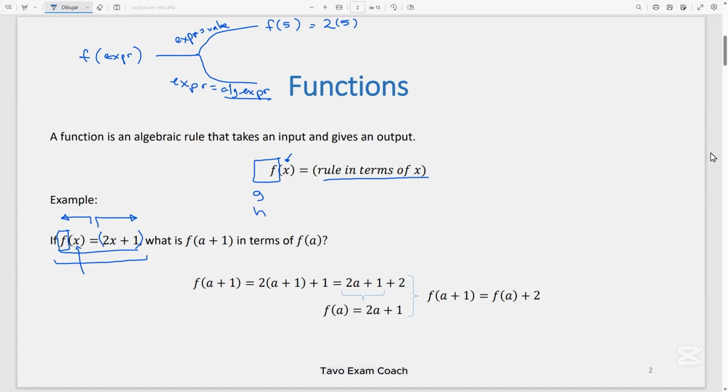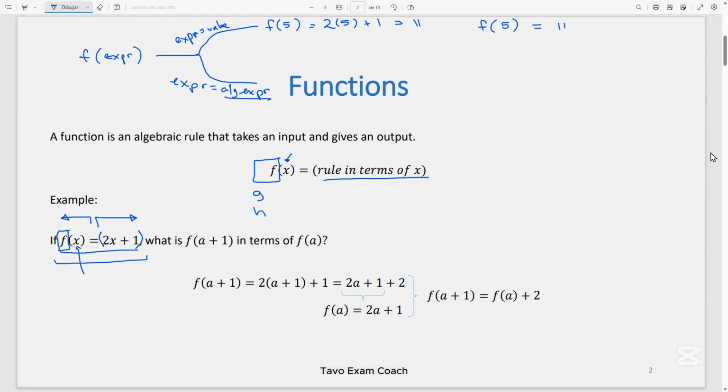We would do 2 times 5 plus 1, and that would be 11. So to see this expression, f of 5 implies simply the value 11, because that is what you get as the output when you have as input the value 5 in the place of the placeholder variable x.